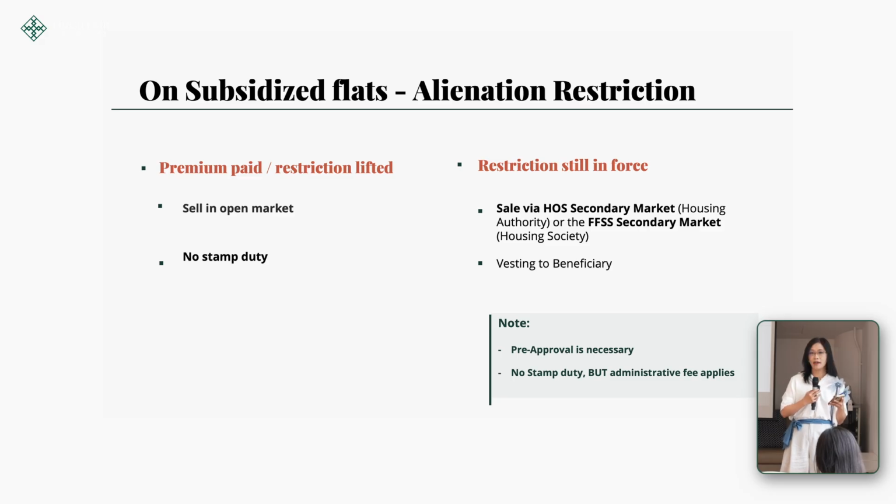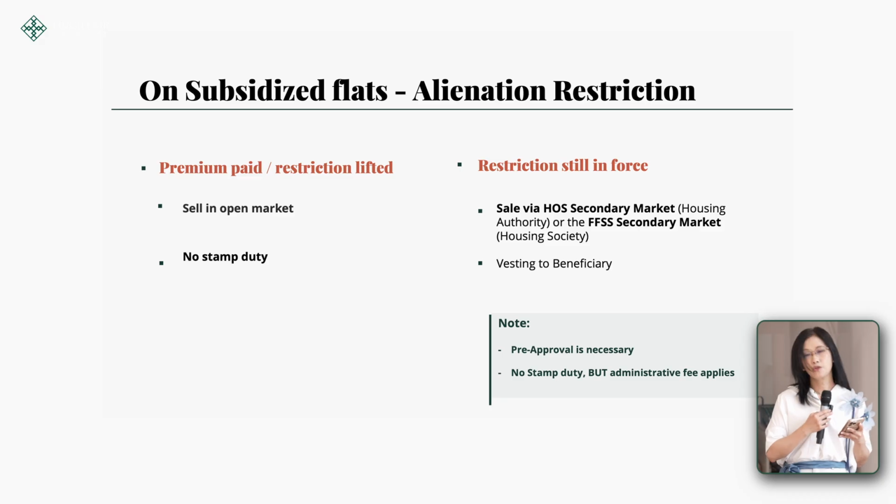So the takeaway is that for any transfer, if you need to vest the property in a beneficiary under the will, you require prior approval from the Housing Authority or Housing Society. So this is not a formality, where you just have to do it and pay the administrative fee. To sum up that part, a will is highly tailored.